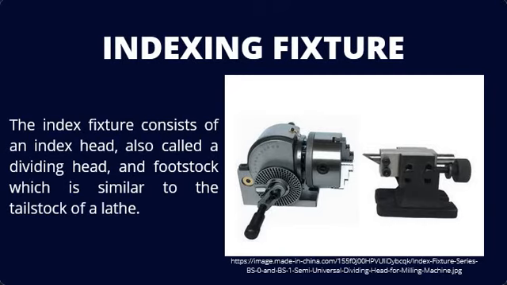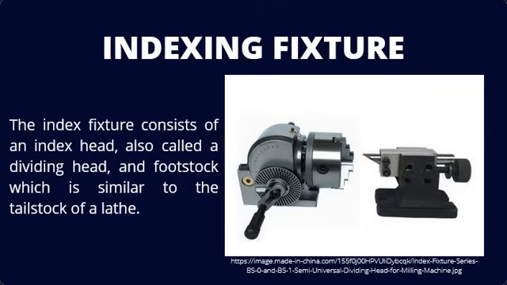Universal index head is the name applied to the index head designed to permit power drive of the spindle so that helix may be cut on the milling machine. Gear cutting attachment is another name applied to the indexing fixture, in this case one that is primarily intended for cutting gears on the milling machine.